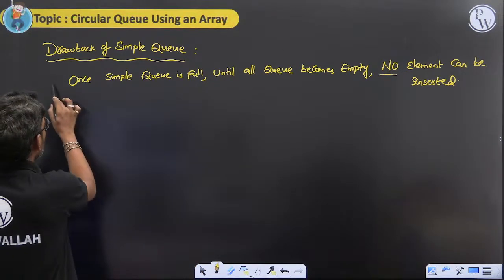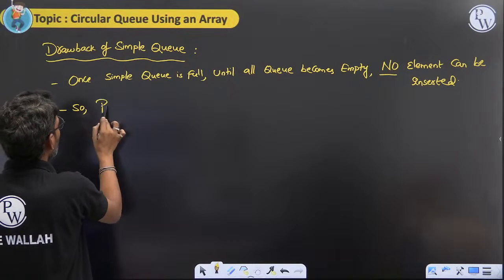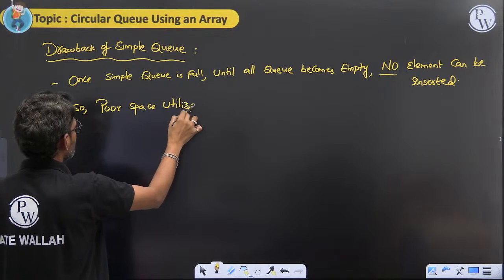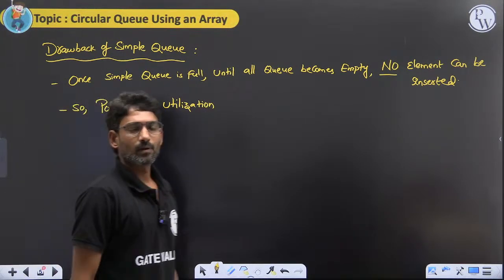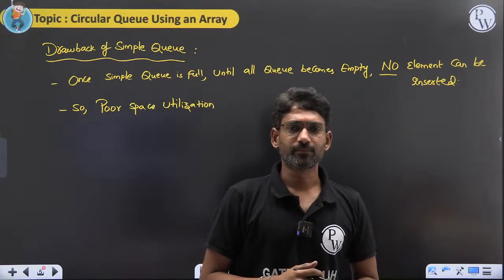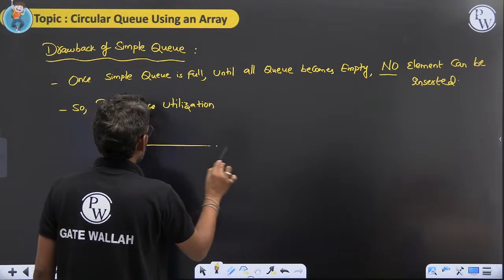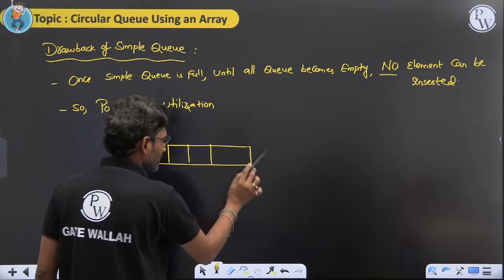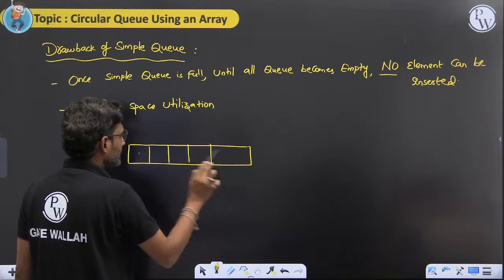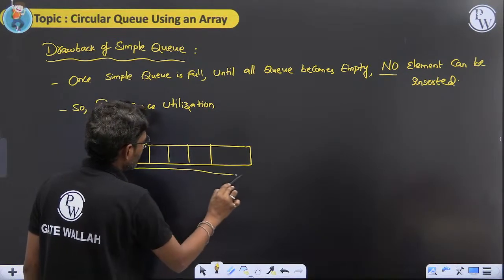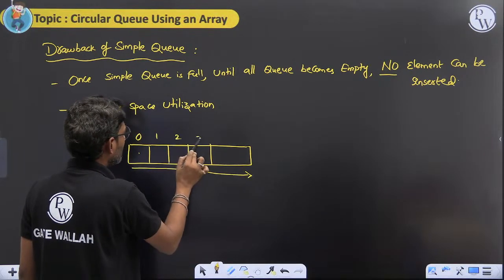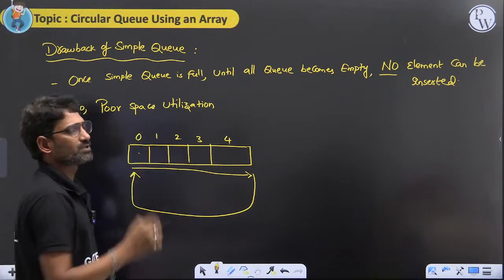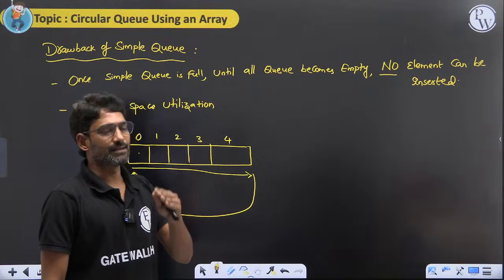So we can say, poor space utilization. So what we actually want is, when we take a simple queue, once the insertion is done from the 0th index till the last, further insertion should again start from 0, if at all there is a space.